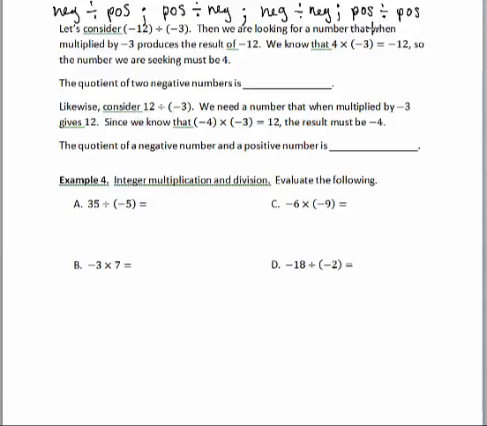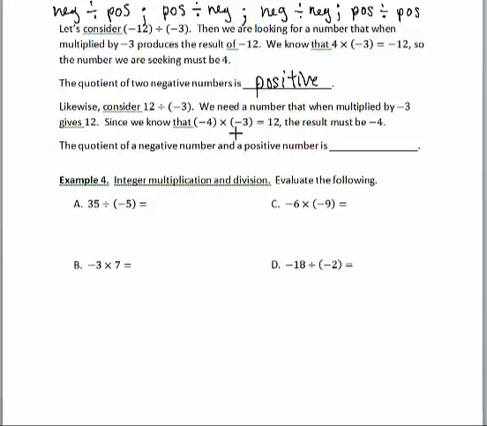But the same rules apply to division as multiplication. We simply just count the negatives. So the quotient of two negatives, 2 being an even number of negatives, you should expect a positive quotient.